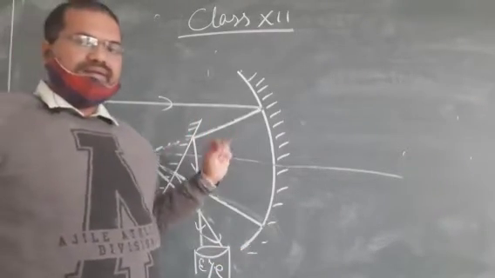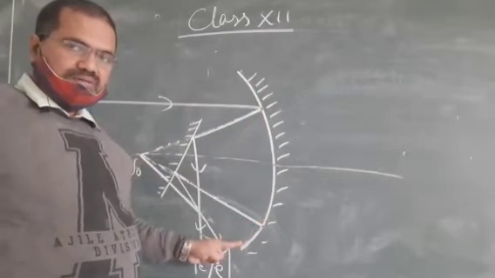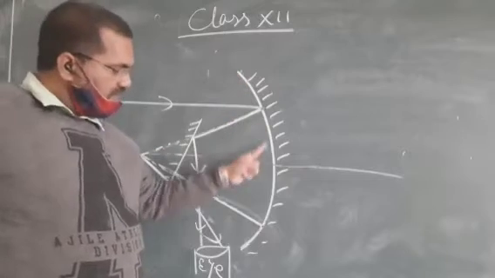In Newtonian telescope, the concave mirror is used as the objective mirror.